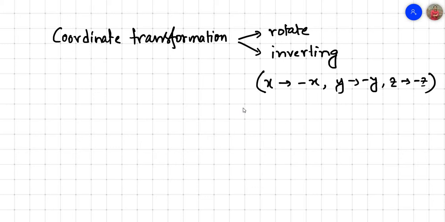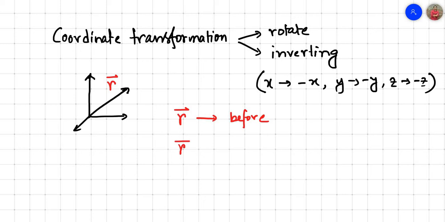And if we do that, we notice that if we have a position vector in a Cartesian coordinate, then the norm or the length of a vector in that coordinate does not change. So if this is a vector r, then we denote that this r signifies the vector before the coordinate change, and after changing the coordinate we denote it by r prime.